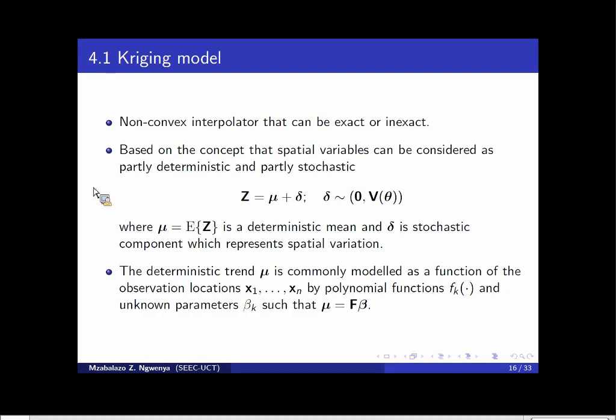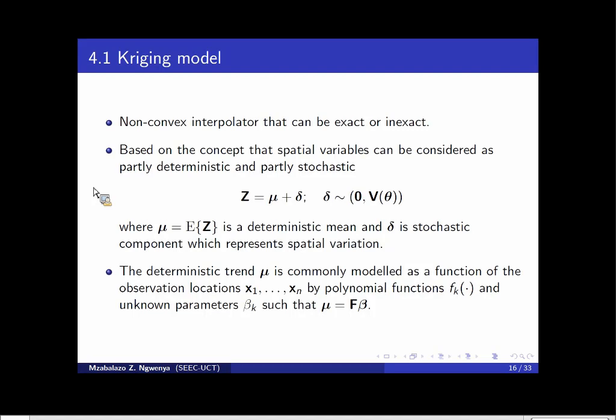That random component has a mean of 0 and has a variance covariance matrix parameterized by theta. We'll get to what those parameters are later on.